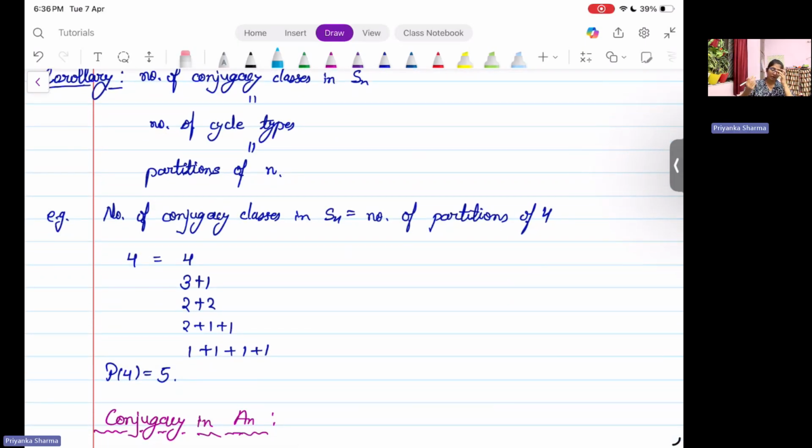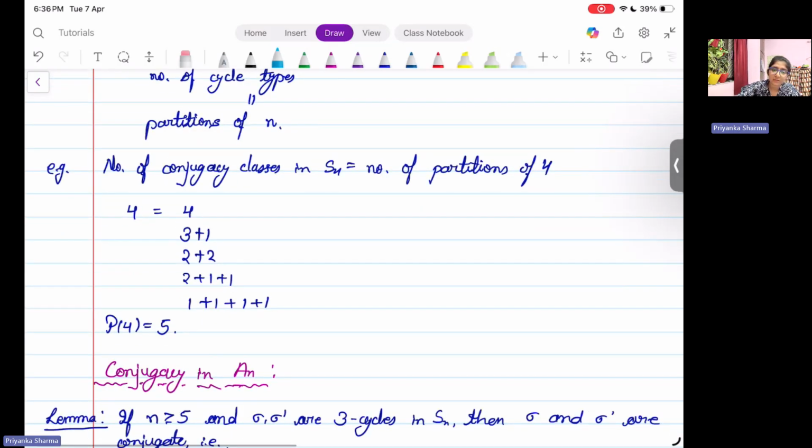I would like to explain this by an example. What is the number of conjugacy classes in S4, or what are the possible cycle types in S4? They will be the number of partitions of 4. So 4 has these 5 partitions: 4, then 3 plus 1, 2 plus 2, 2 plus 1 plus 1, and 1 plus 1 plus 1 plus 1.